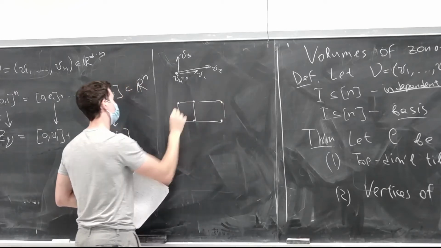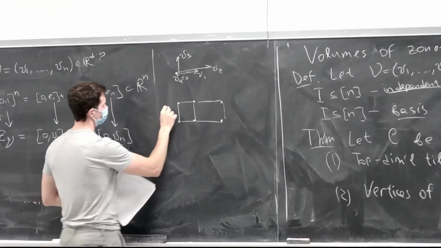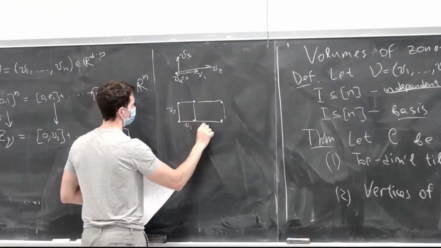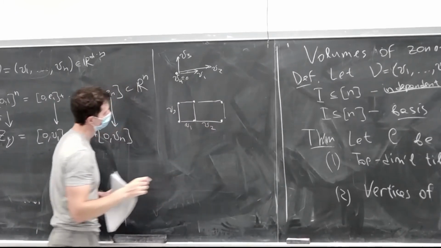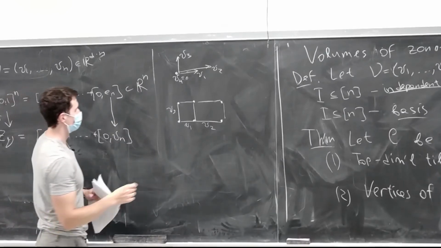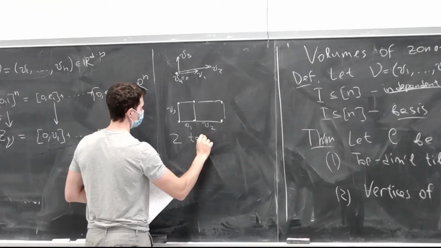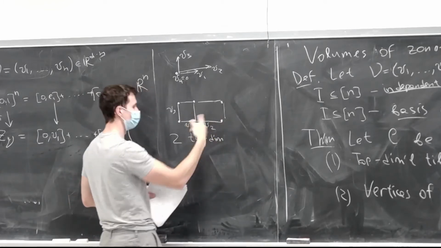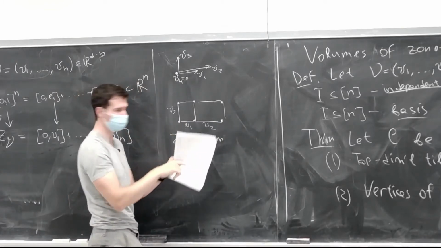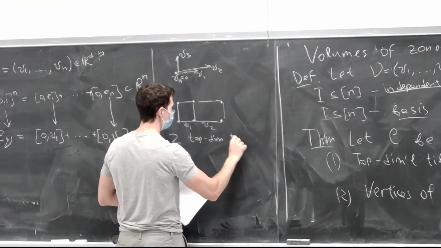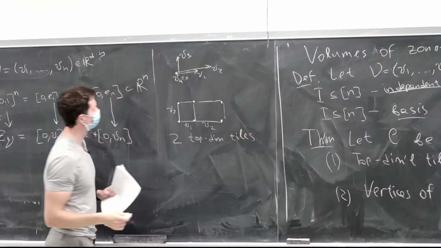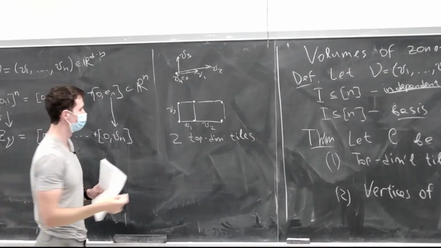This is V3, V1, V2. So I get 2 top-dimensional tiles. This is a random example. I don't have it in the lecture notes. Hopefully there are 2 bases. Okay, there are 2 bases.